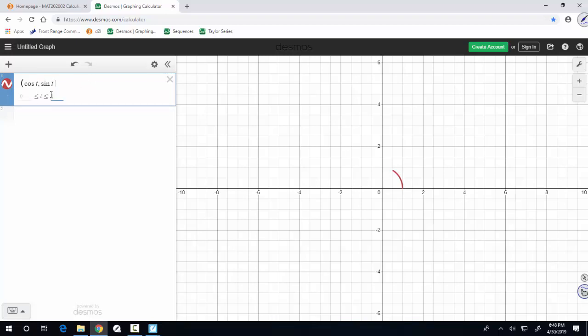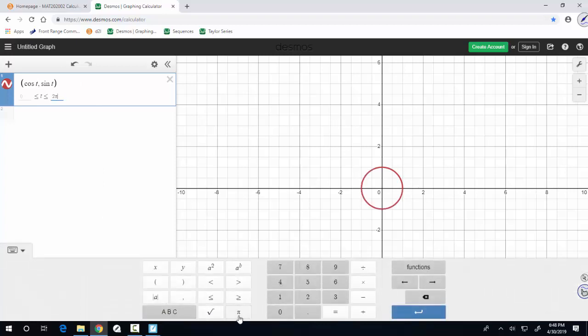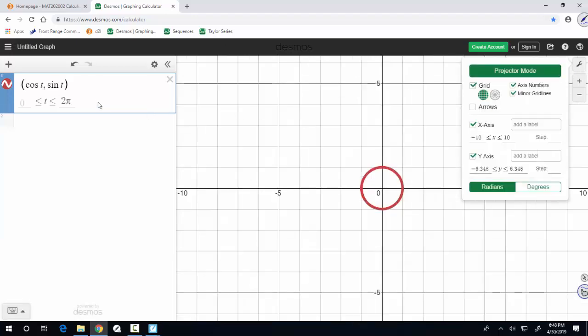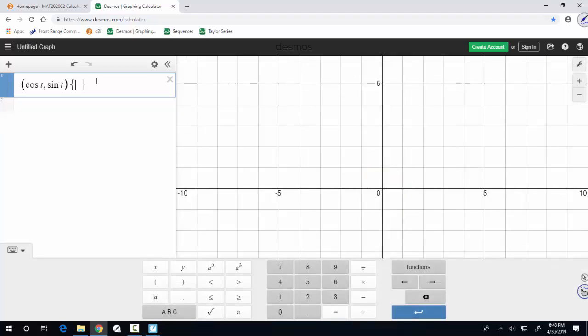So if t ranges from 0 to 2 pi, then we can see the circle, but that's a static image. If we want to see how that actually unfolds, then we've got to put this little bracket and say that t is less than or equal to something else. You should ask for a slider.